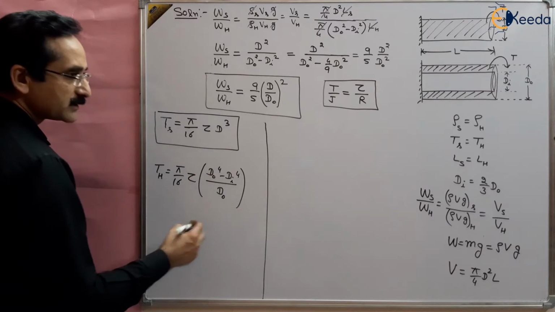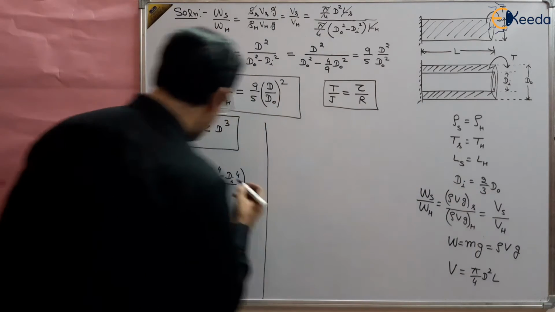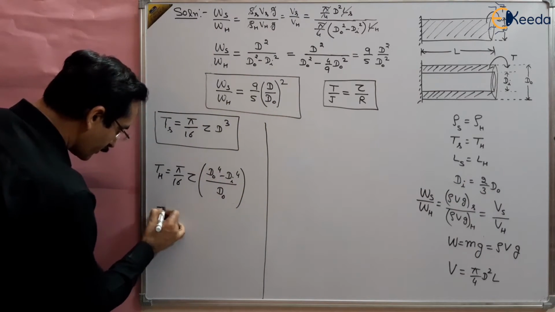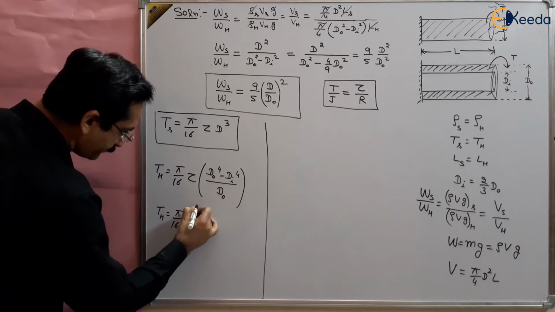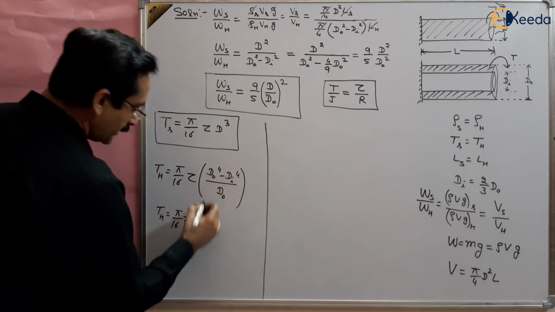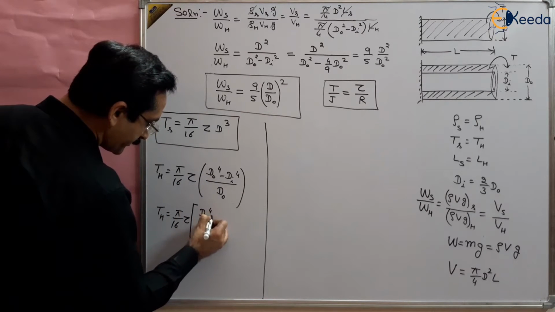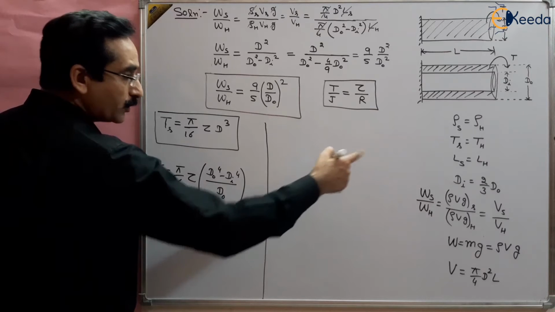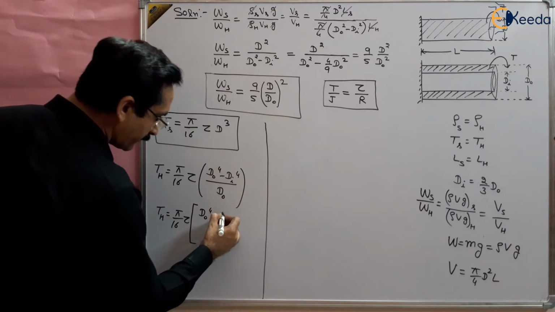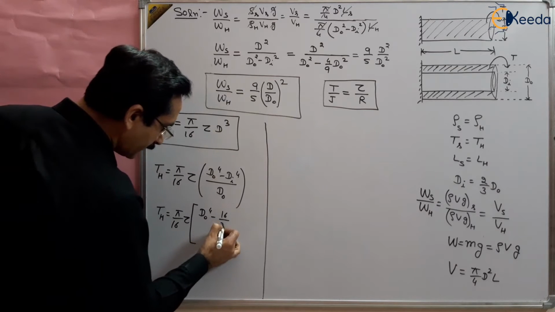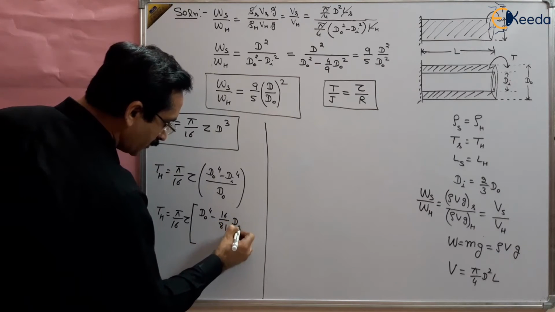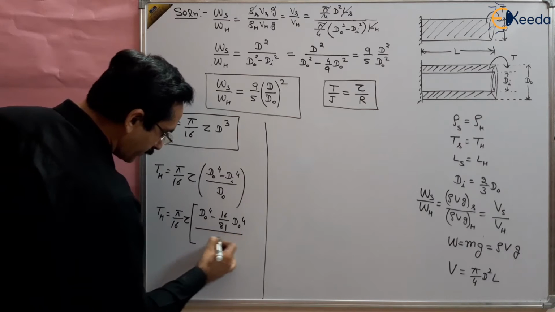Di is 2/3 of Do. So we can put here that torque of hollow shaft can be given as pi by 16 tau, Do we can keep as it is, minus (2 by 3) to the power 4, which is 16 by 81, Do to the power 4, divided by Do.